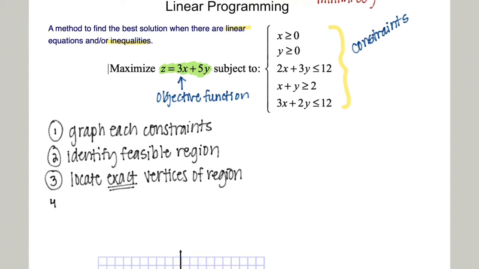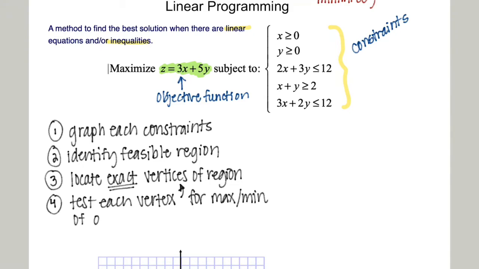And then our last step will be to test each vertex for either a maximum or minimum of the objective function. So that's where the objective function will come into play.